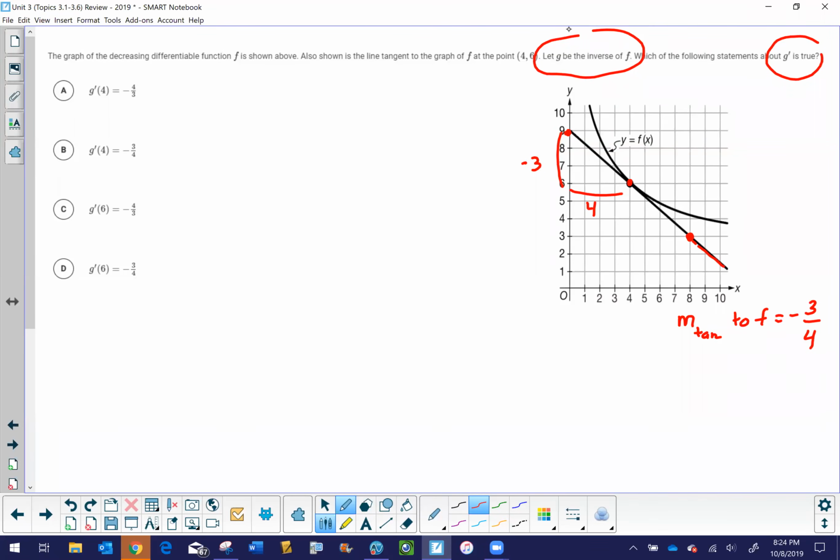And that is that the slopes of the tangents to inverse functions are blank of each other. I'm going to give you a couple of seconds to think about that. If you want to, you can throw it into the chat. The slopes of tangent lines drawn to inverse functions are blank of one another.